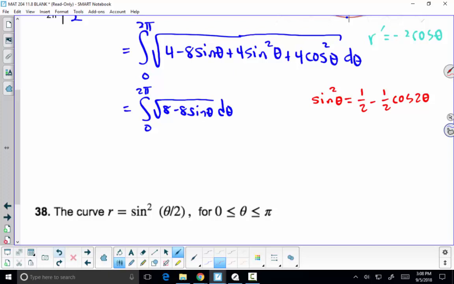Cosine squared looks a lot like that, the opposite of that, except it's plus. So that's not looking very promising though, is it? The 2 theta is the issue. Also, don't you just put sine theta, not sine squared? Well, he's trying to go backwards.